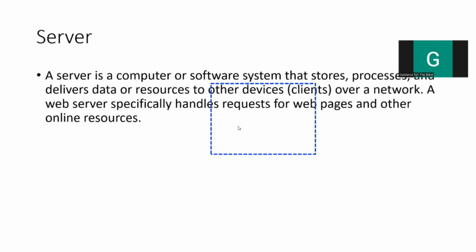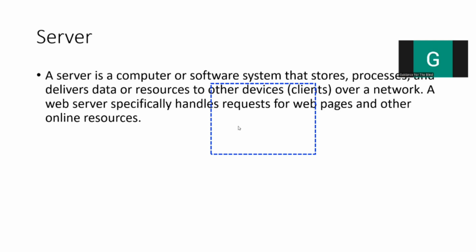Now the next thing we come to is the server. What a server does is it stores and sometimes manipulates data and gives data back to the user. The server could be a small machine, like for some schools or colleges you might see a small server, or it could be a very large server, which is obviously not in the form of a machine.